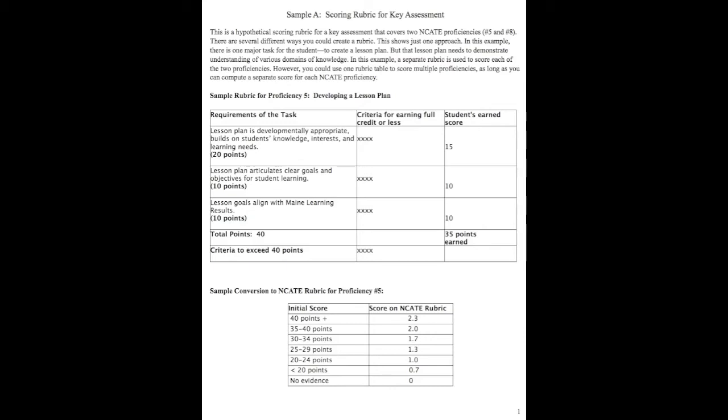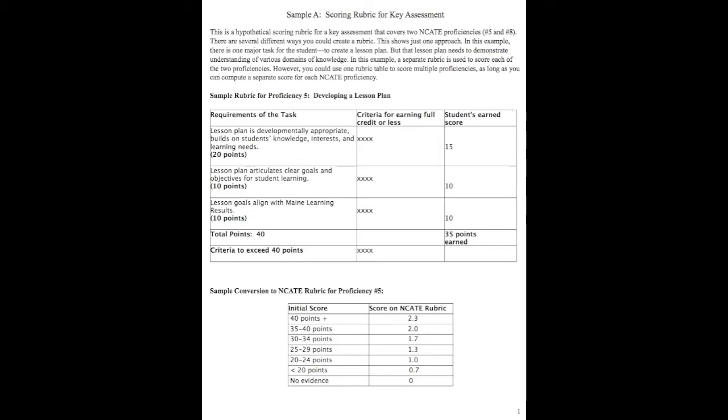So again, the first step would be to determine the student's score, and in this sample that I'm showing you for proficiency number 5, there are 3 components. The first component is creating a lesson plan that is developmentally appropriate. It builds on students' knowledge and interests and learning needs. That's worth a total of 20 points.